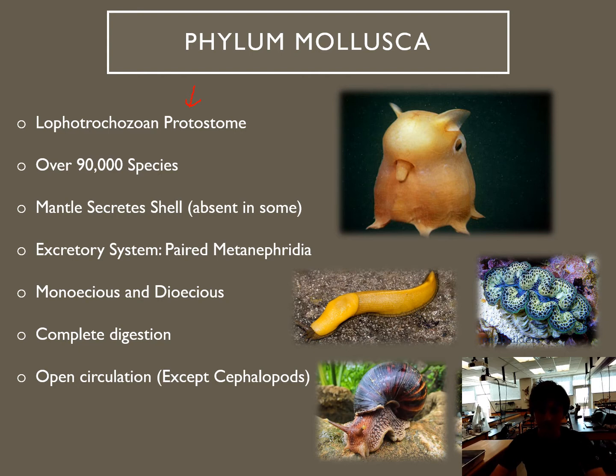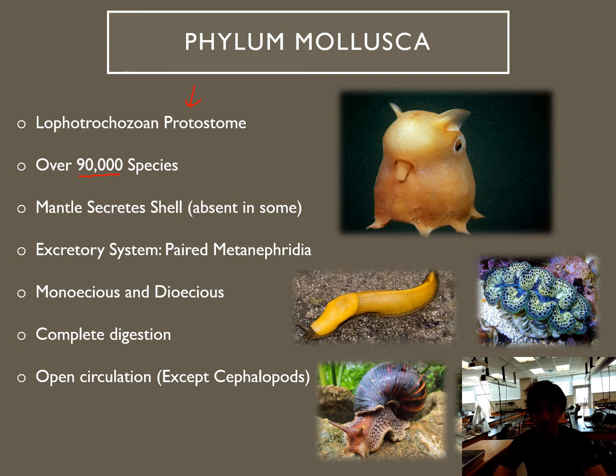So this is an extremely diverse phylum. There's 90,000 species. Everything we've covered before this point has been roughly 20,000 species or 10,000 species. So this is an extreme jump, and most of these are actually gastropods or bivalves: slugs, snails, or mussels.